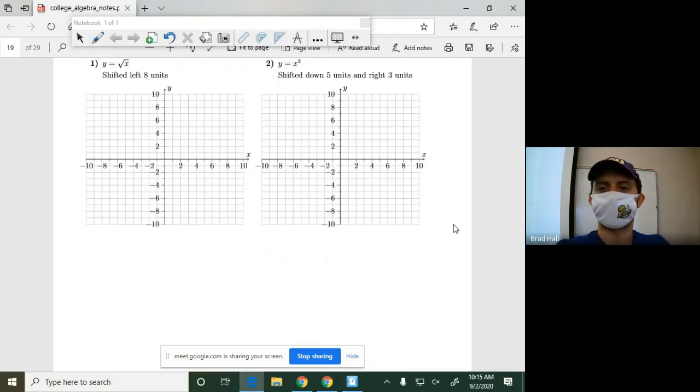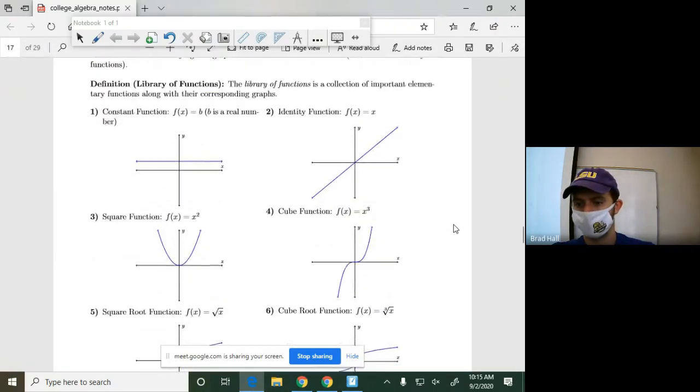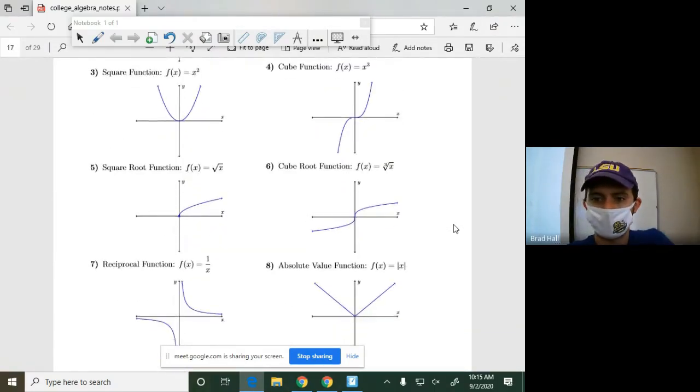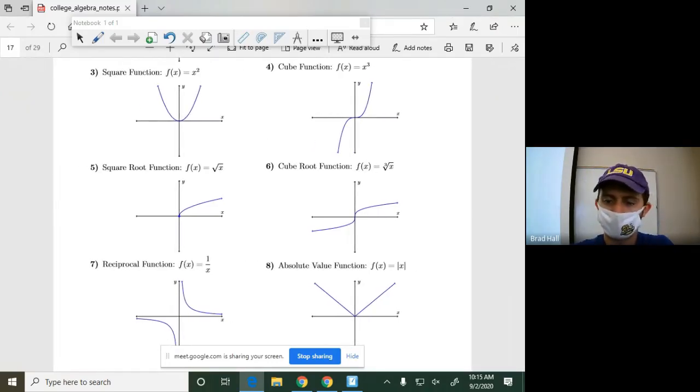Now, the square root of x, to figure out what its shape is, we would refer to the library of functions. And you could see the square root function is number 5 here. It's this arc shape. So if anything, that gives us an idea of what the shape of this will look like.